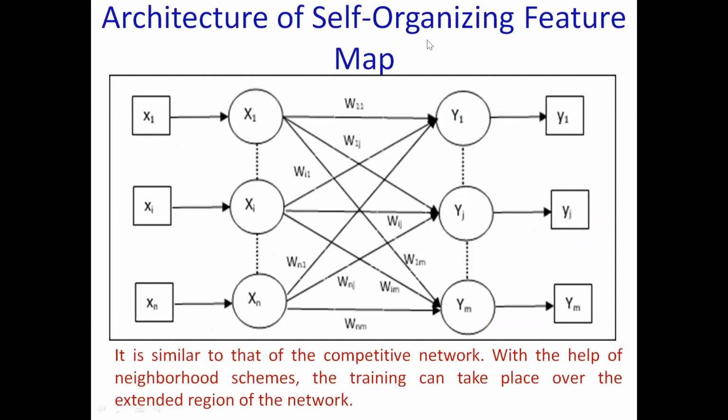Now, how does this architecture work? This architecture works in a very similar fashion to what we have learned in the case of competitive network. With the help of these neighborhood topologies, the training can take place over an extended region of the network. So it is exactly the similar process to how competitive learning takes place.